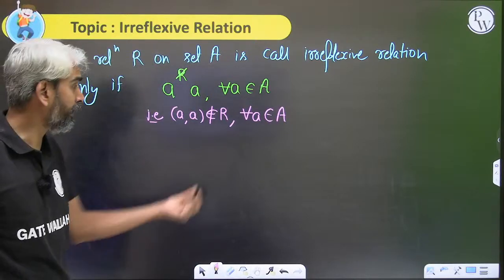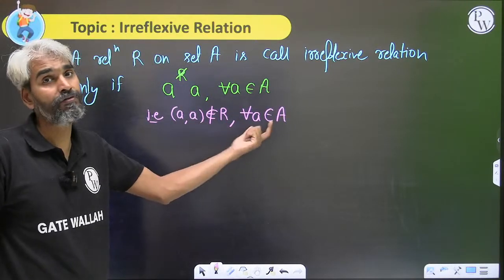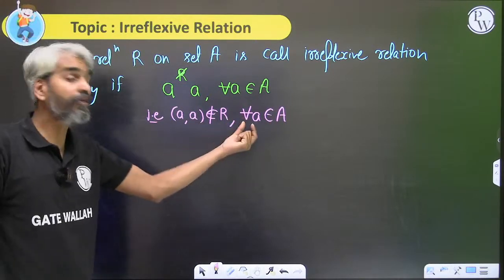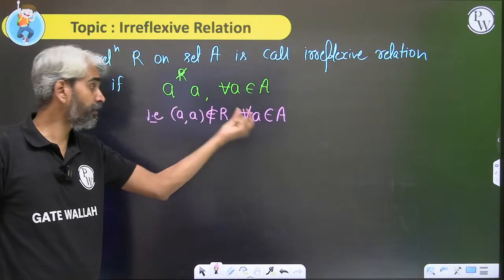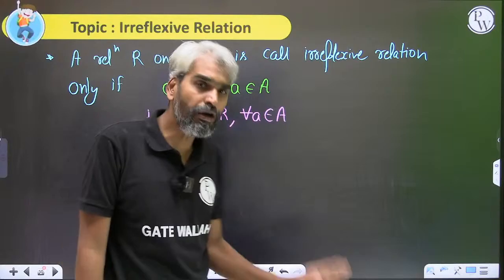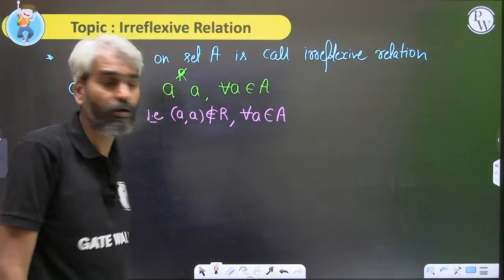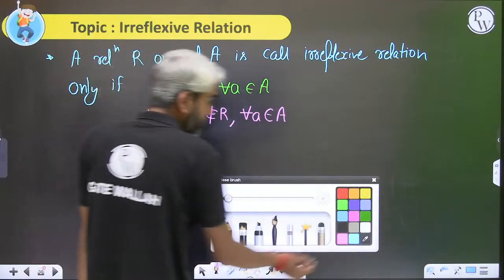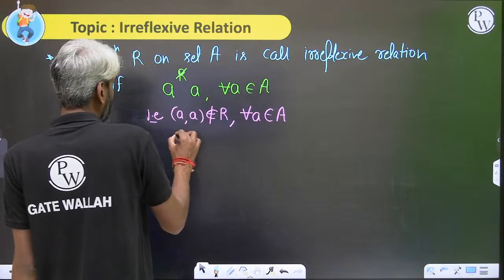For any element, if this belongs, then this 'for all' statement will return false. So for none of the elements of set A should (a, a) belong to R. Diagonal ordered pairs are not allowed in an irreflexive relation.